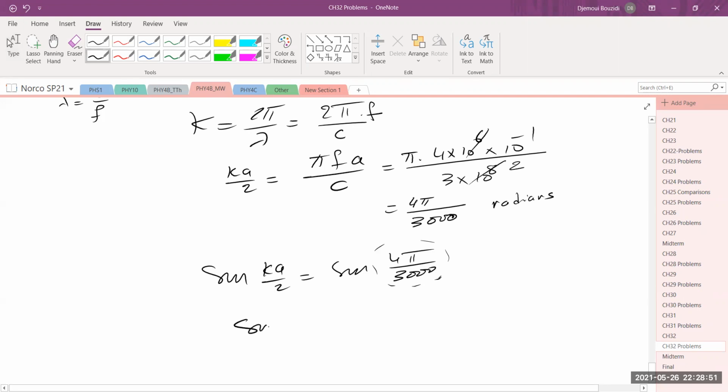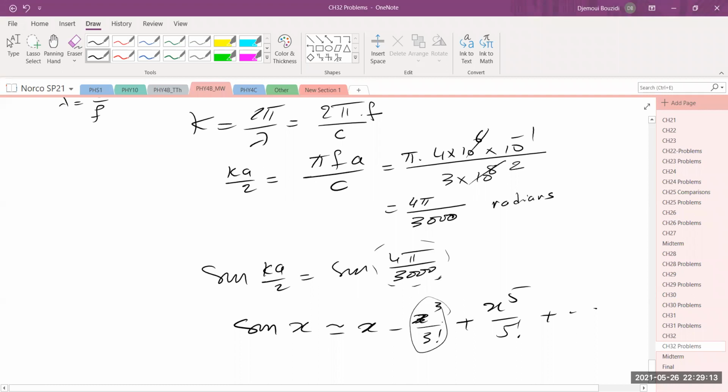If you do this Taylor series for the sine of x is equal to x minus x cubed over 3 factorial plus x to the power 5 over 5 factorial and so on and so forth. This number is going to be extremely small compared to x because x cubed. So this number is basically 1 over 1,000.